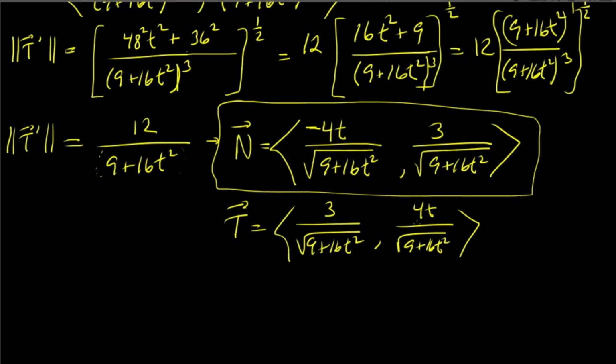So this was a positive 4t for the tangent vector. In fact, they were both positive components. So notice what happens. We essentially just switch the components, the x becomes the y becomes the x, and then we get a negative sign. So the tricky thing is figuring out which one gets the negative. Is it the 3 or is it the 4t?